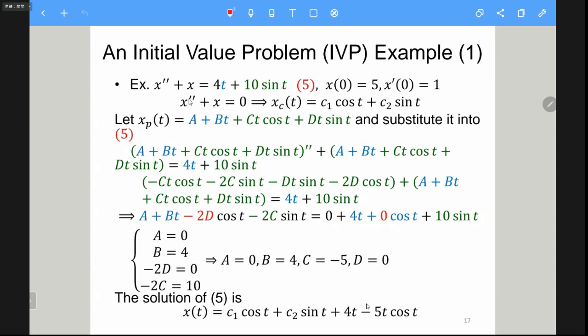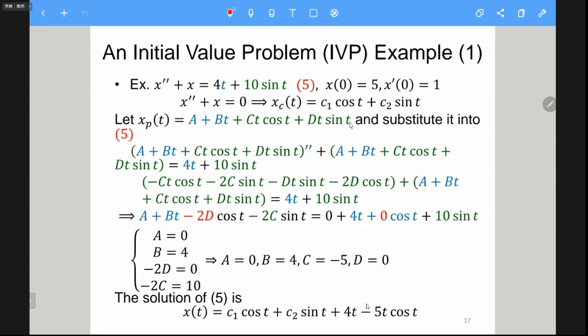So we have x double prime plus x equals 0, so s squared plus 1 equals 0, s to be plus or minus j. So we have cosine of t and sine t. So we assume the particular solution to be cosine of t plus sine of t.